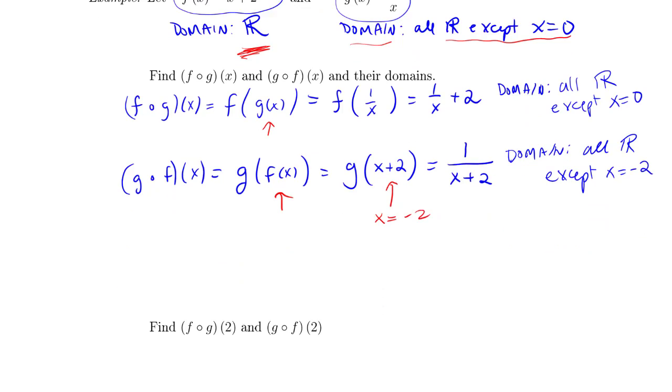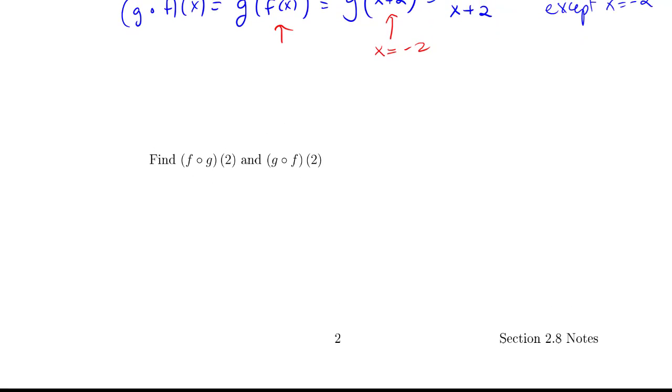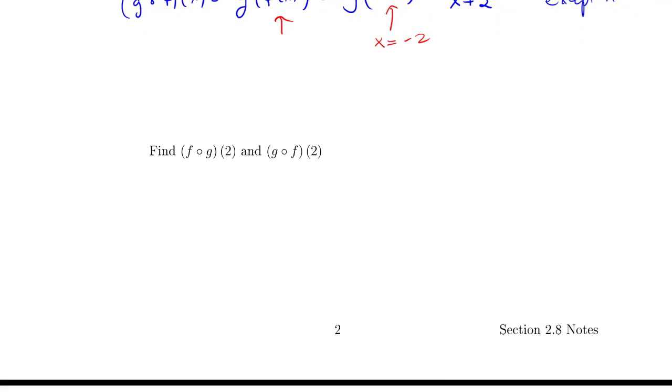All right. How about some calculations here? How would we do f of g of 2 and g of f of 2? Well, f of g of 2 means I would calculate g of 2 first. But g of 2 is 1 over 2, because when I put something into g, I do 1 over it.